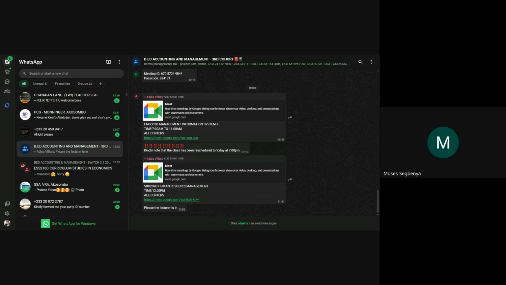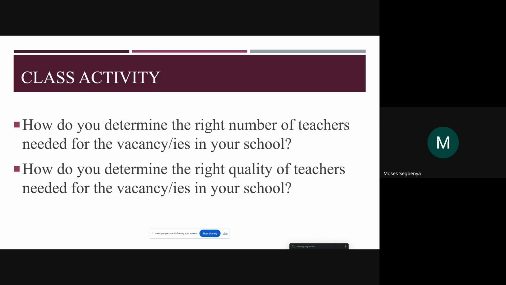So how do you determine the right number of teachers for a vacancy in your school? And how do you determine the right quality of teachers needed for a vacancy in your school? So any idea as to how this can be done? Any question, any idea on that?